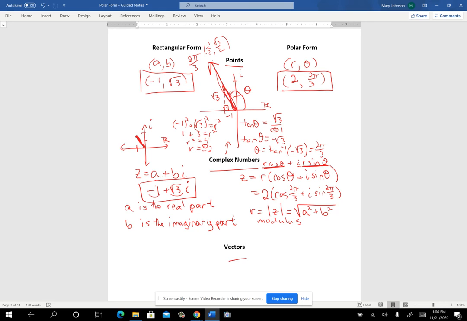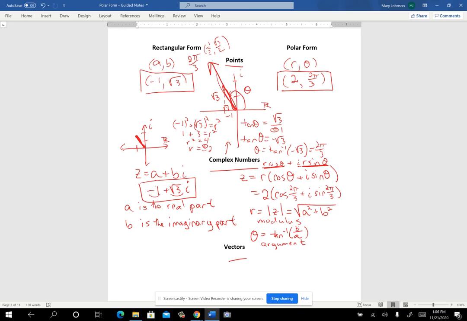So I don't care that much about vocab, but you'll see it sometimes on the problems and you'll wonder what it is. And then the angle you can find by just doing the tan inverse of b over a, that's like y over x. And then the angle is called the argument, and this kind of harkens back to the discussion of functions.